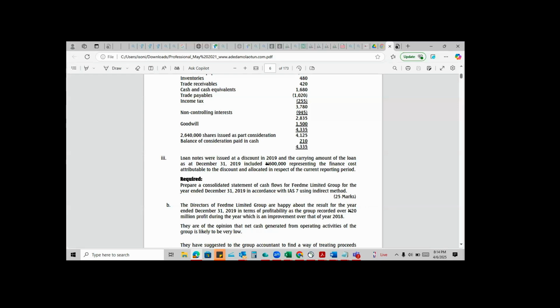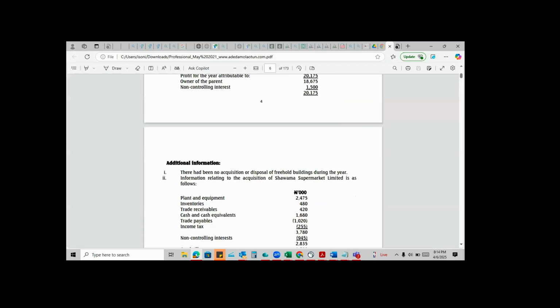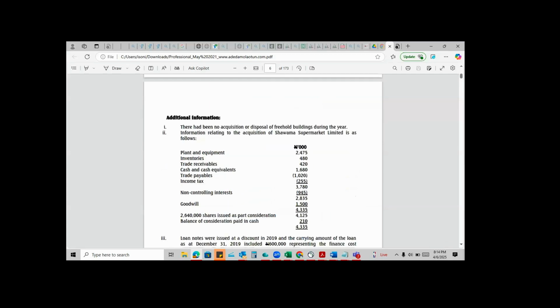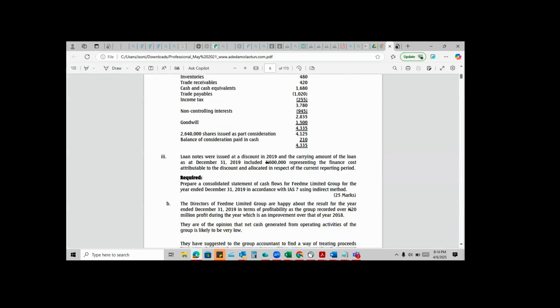Additional information number 1, which I read earlier, told us that there had been no acquisition or disposals during the year. Now, information relating to the acquisition of Shawarma Supermarket Limited is as follows. Plant and machinery, trade receivables, cash and cash equivalents, trade payables, the income tax. Then we have NCI.